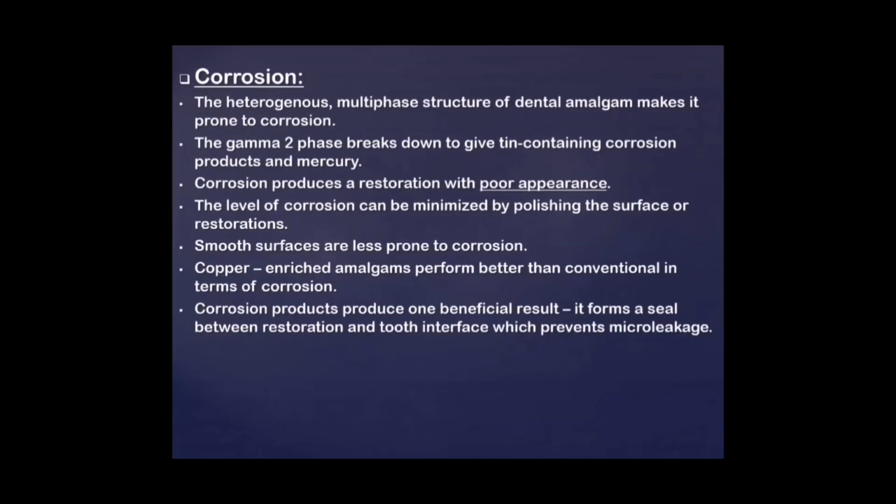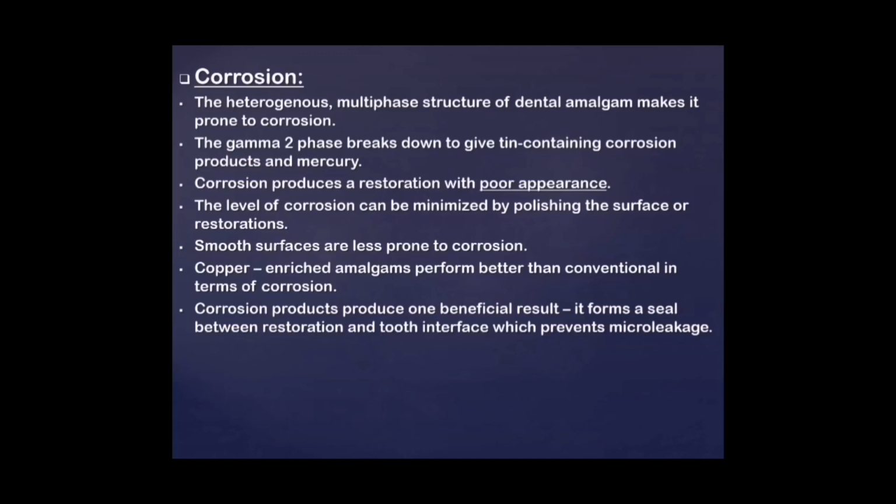Corrosion. The heterogeneous multi-phase structure of the dental amalgam makes it prone to corrosion. The gamma 2 phase breaks down to give tin containing corrosion products and mercury. Corrosion produces a restoration with poor appearance. The level of corrosion can be minimized by polishing the surface of the restoration.